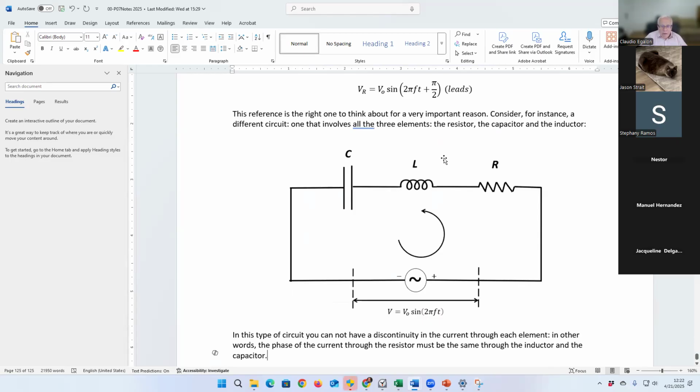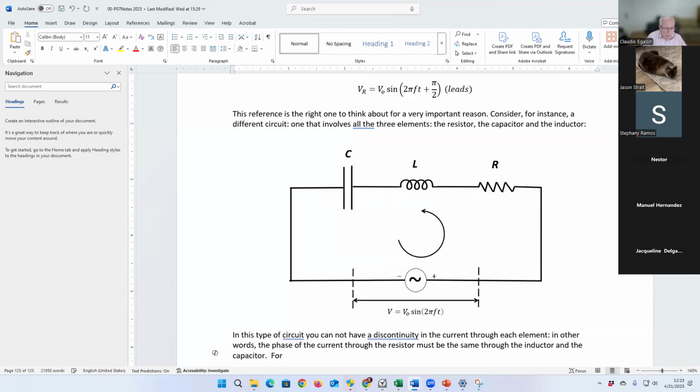Remember, we are looking at a specific spot here. So we cannot have a discontinuity in the current when the current enters the inductor. The phase must be the same just before entering the inductor. You cannot have a 90-degree phase shift.